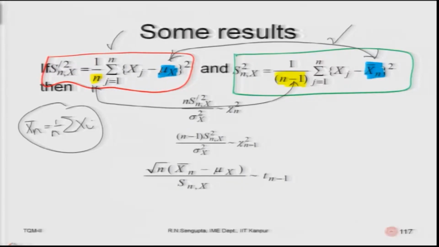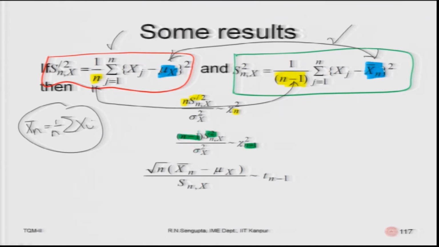So, remember this, I will again highlight a few things with yellow color. If it is with the dash, this is n, this is n. In the other case, if it is without the dash, this is n minus 1, this is n minus 1.